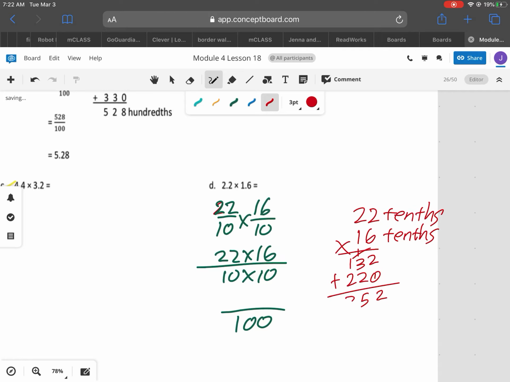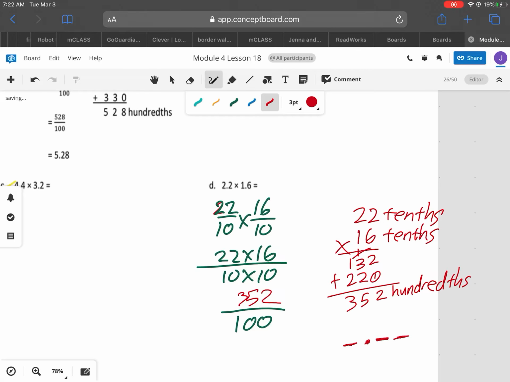Add those up. So we have 352, and 10 times 10 is 100, so we're going to do hundredths. Okay, so hundredths is, oops, sorry.